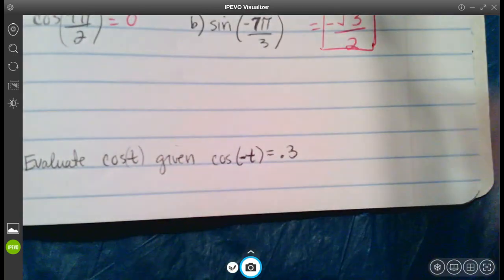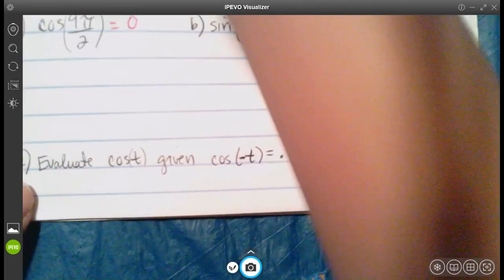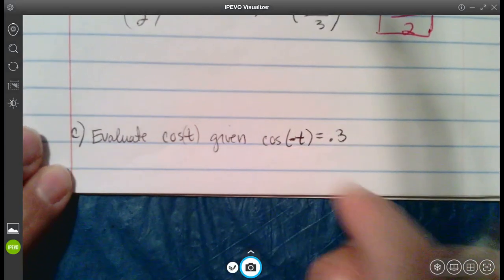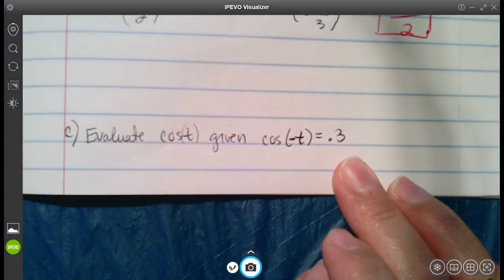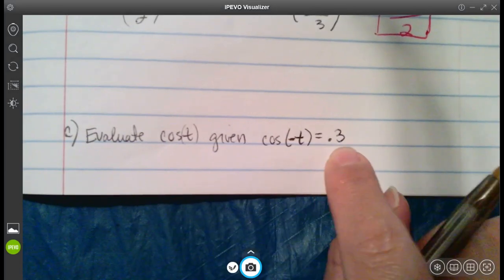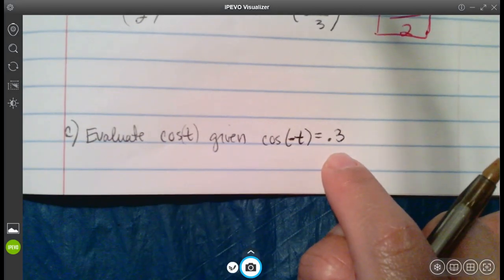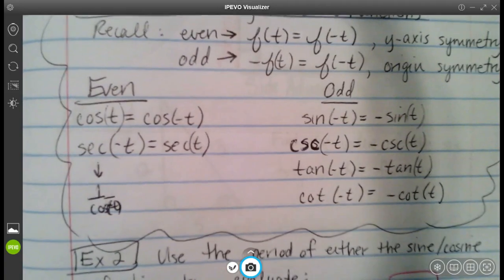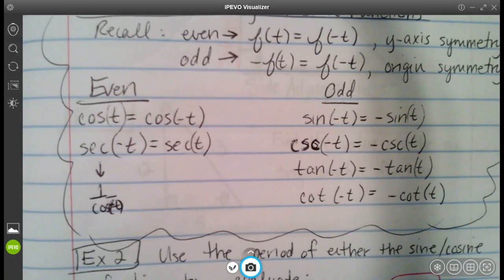Last but not least, it says to evaluate cosine of t, given that cosine of negative t equals 0.3. This one's a little bit confusing, because we haven't seen 0.3. It's not exactly a radian or a degree, so we don't know what that means. So we're going to go back to our even and odd stuff up here and ask, do I have anything with cosine of negative t?